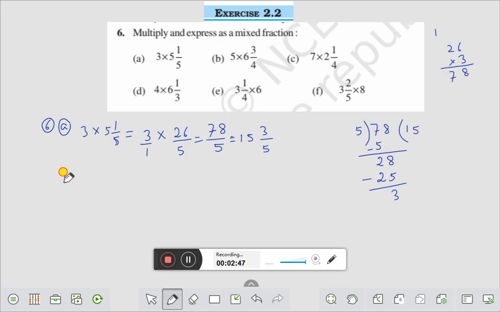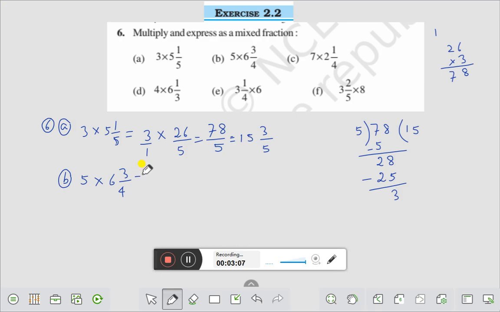Now question number B. Question number B is 5 into 6 whole 3 by 4. Right?